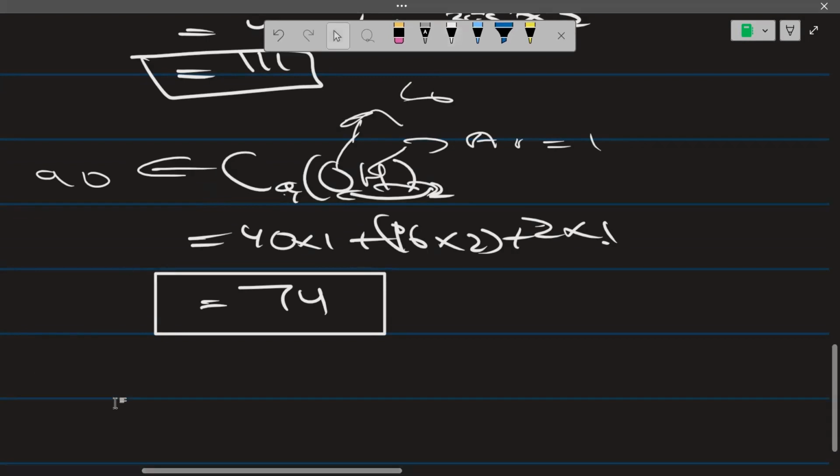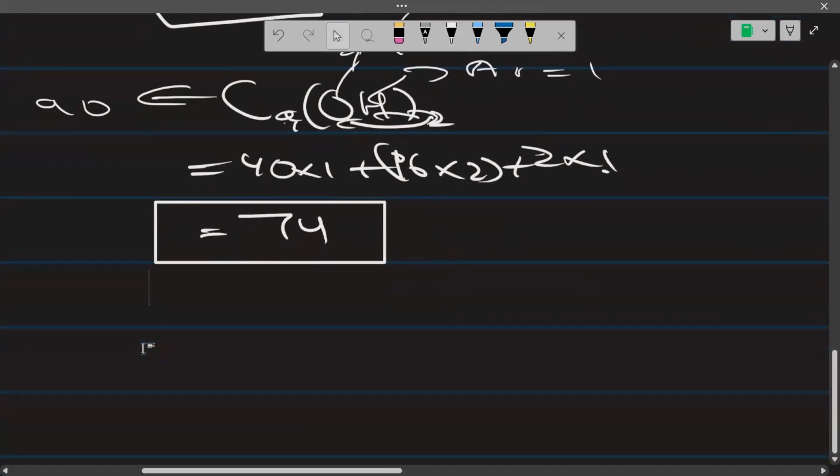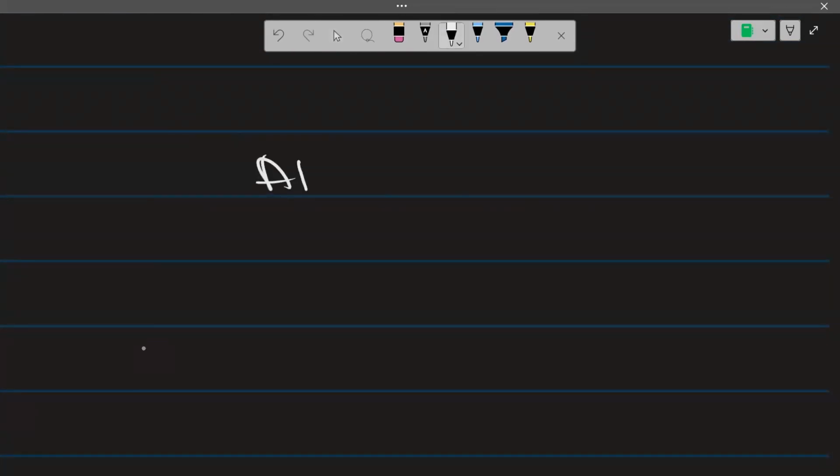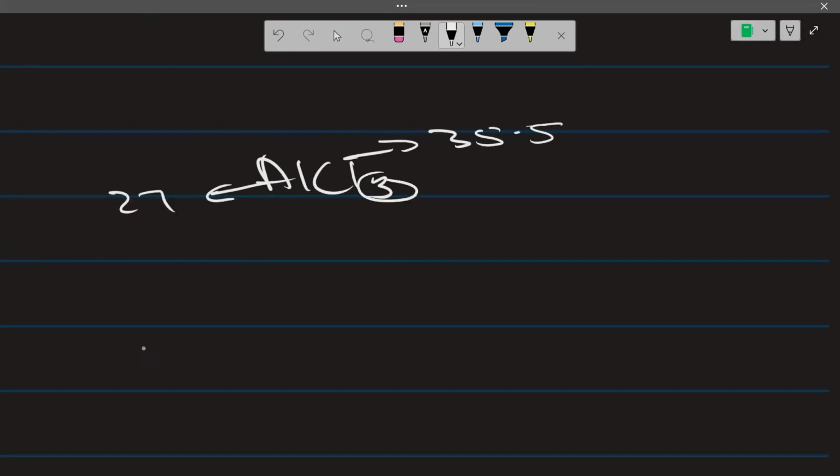Let's do another question. Let's take aluminum chloride. In this, as we know, aluminum's AR is 27 and chlorine's AR is 35.5. It has a 3, so 35.5 will be multiplied by 3, and if it has no subscript, it will be multiplied by 1.